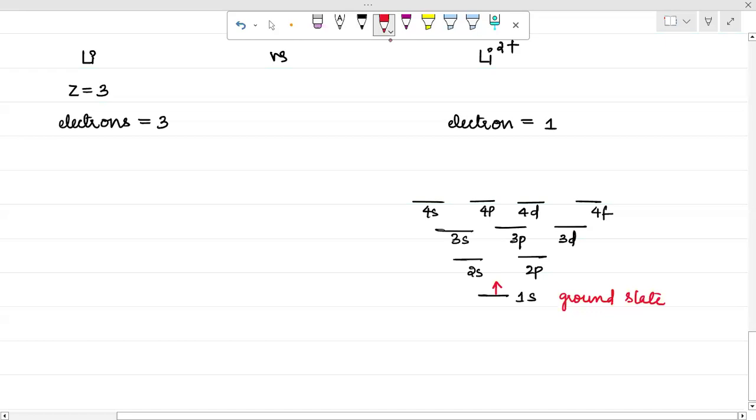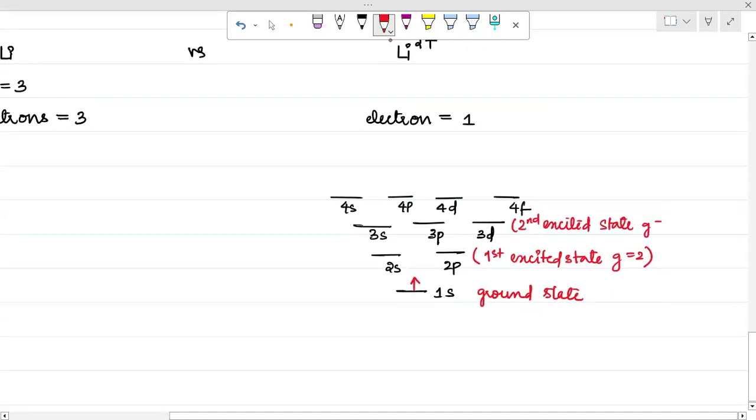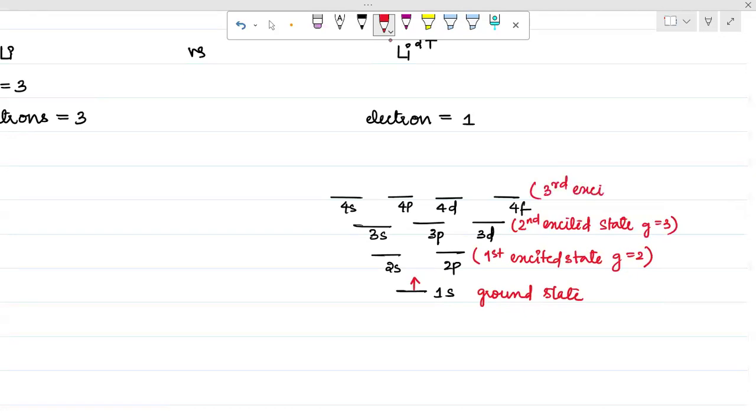This is my ground state. Now the second one is my first excited state, and for this first excited state, my degeneracy is equal to 2. This is my second excited state, and my degeneracy is equal to 3. For lithium 2 plus, my third excited state has got a degeneracy of 4.